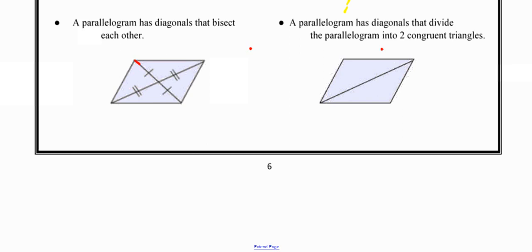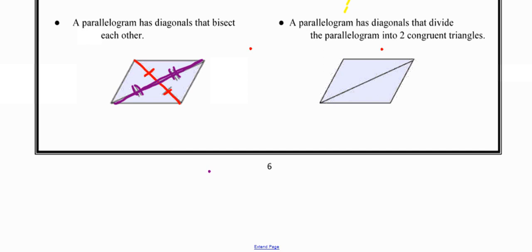So in other words, the two pieces of the red diagonal, here and here, are going to be congruent to one another. And likewise, if I draw the other diagonal, that purple one, its two pieces are going to be congruent to each other as well, due to the fact that the red diagonal bisects the purple diagonal.